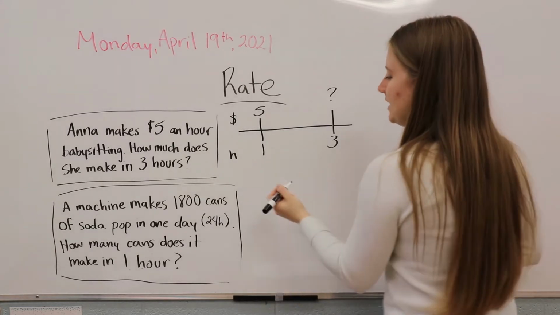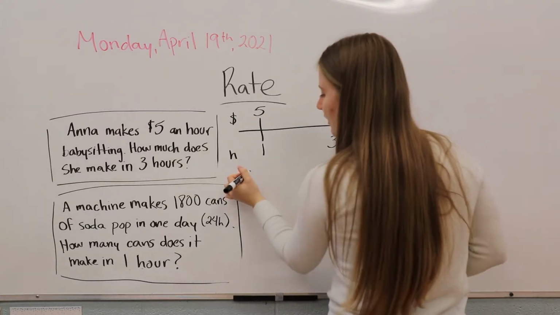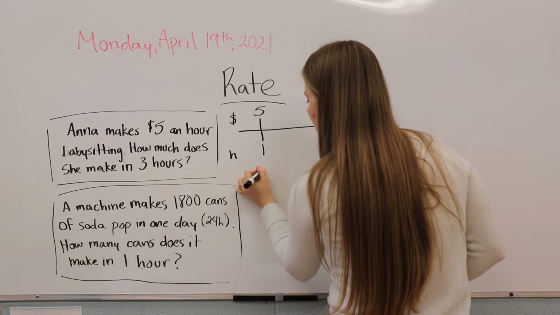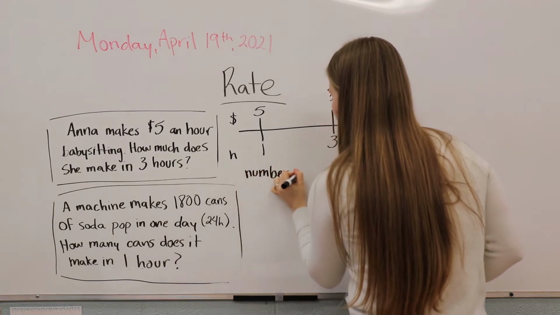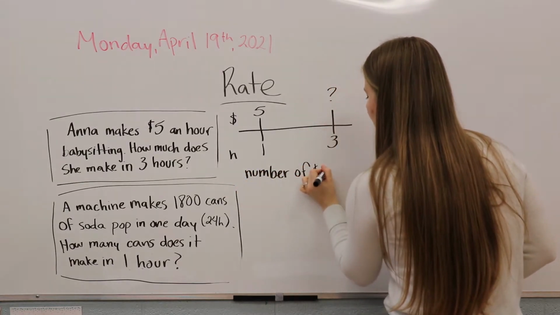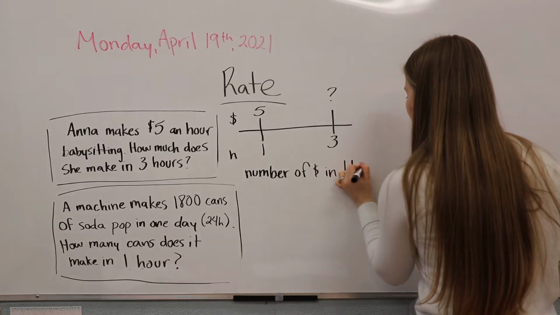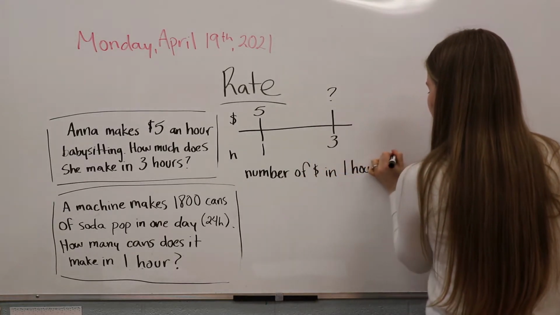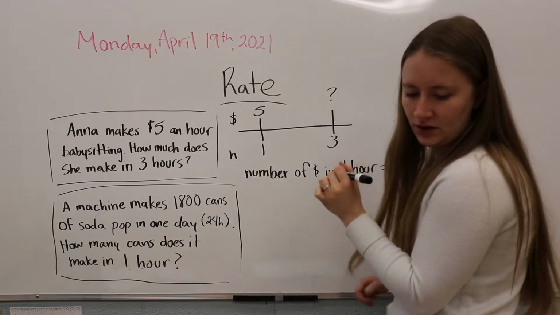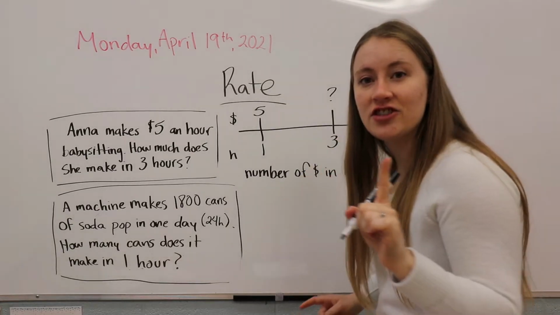So that's how we represent it, and the number of dollars in 1 hour equals 5, right? Okay, but here's the catch.